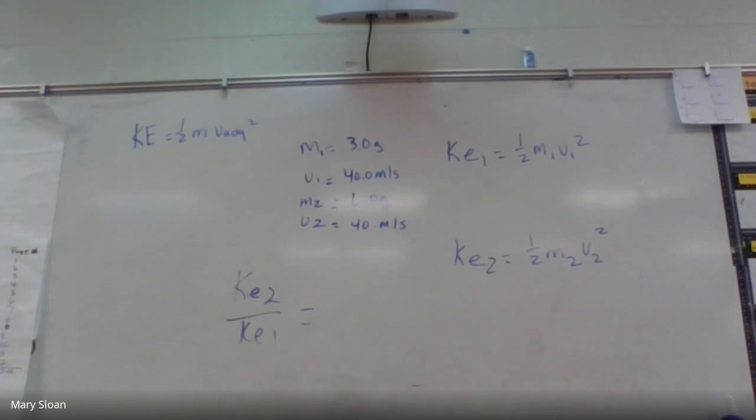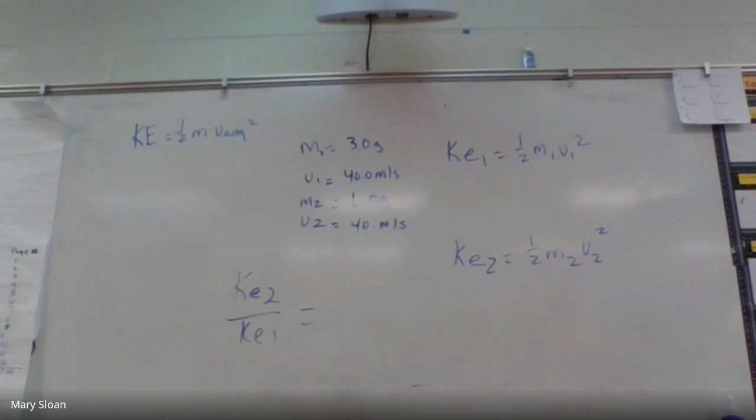Or you could just have half of it. It's 20 times how much? 18 kilograms, and then 40 squared. Half of it. What do you think? Half. You get 20 something.